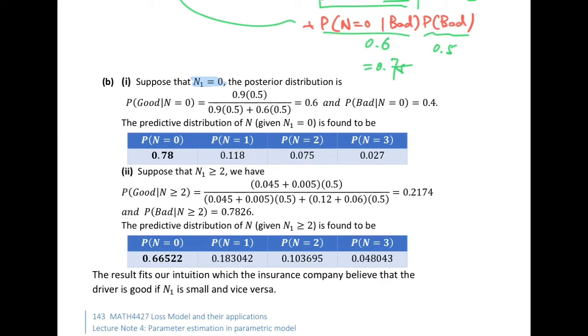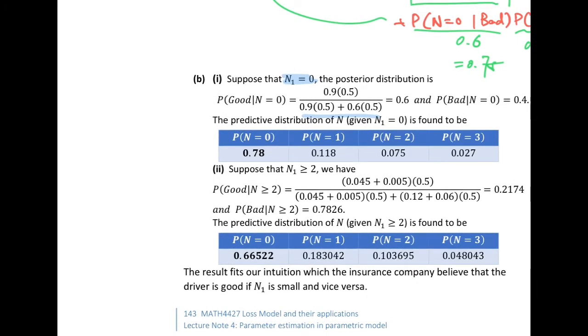In order to get this posterior distribution, you can use the Bayes rule. Our goal is to determine this conditional probability. According to the definition, that will be equal to the probability that it is a good driver and no accident, divided by the probability that N equals 0, right?